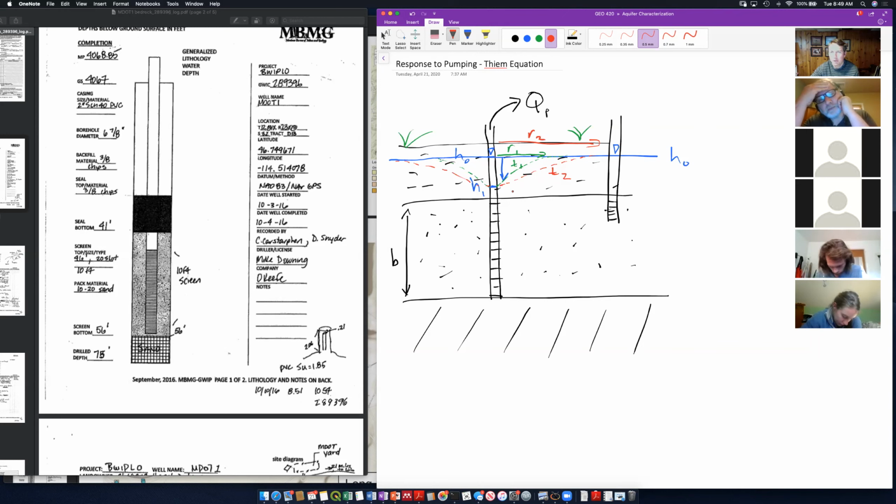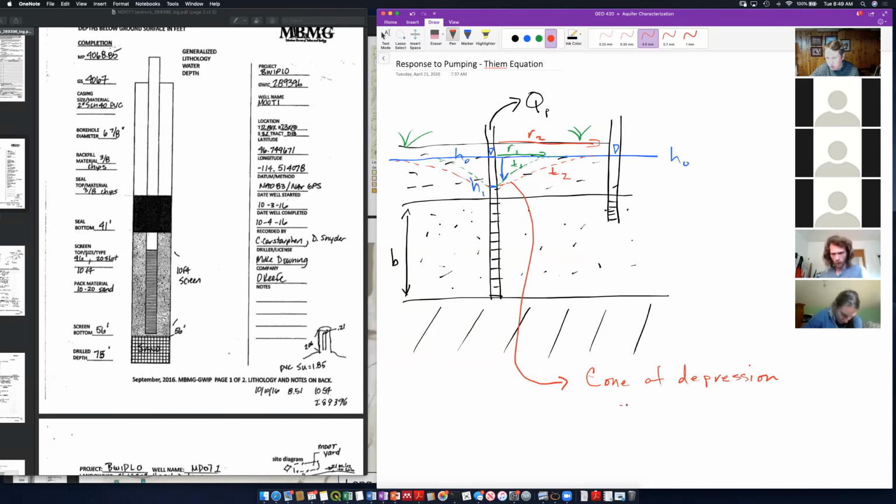All right, so there's a couple things. This thing here gets called my cone of depression. And it will expand away from my well until the amount of recharge, or water coming in from the sides, is equal to the amount I'm pumping out.